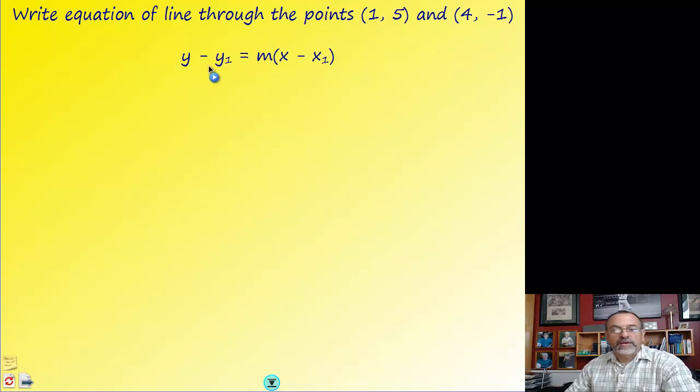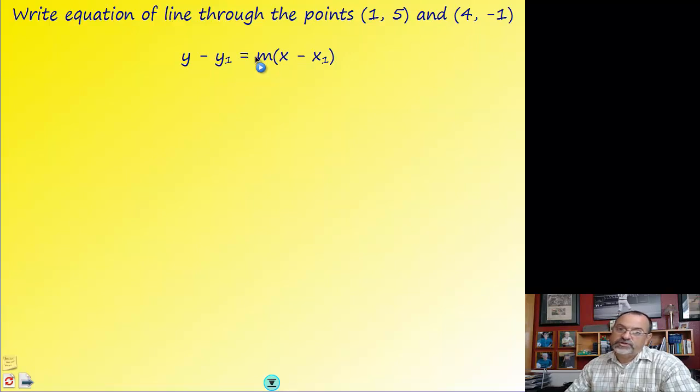Remember our form, y minus y1 equals m times the quantity x minus x1. This x and this y are the coordinates of one point that's on the line, and it can be any point that's on the line. So we can actually use either one of these points and put them in here for x and y. We do need to know the slope, however. The slope's not given, but we remember that we can calculate slope if we're given 2 points.